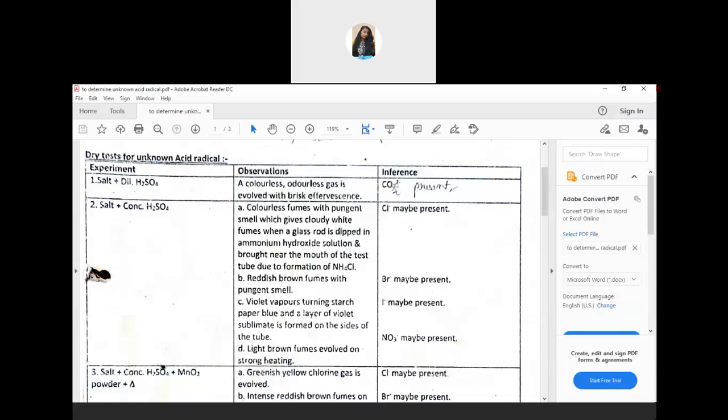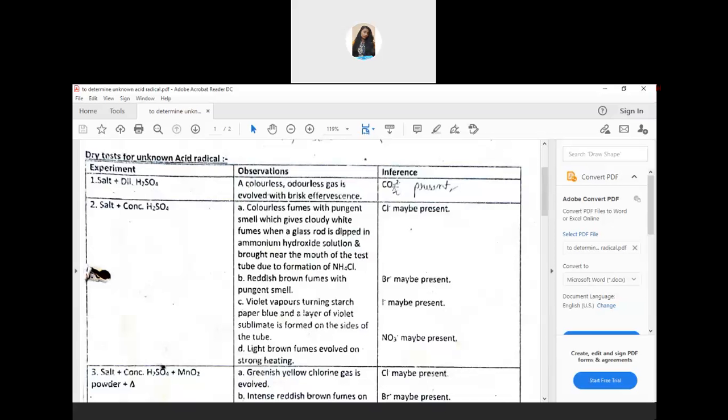After that, for the second test, take a pinch of salt in a dry test tube and add concentrated H2SO4. For this test, four observations may or may not come.